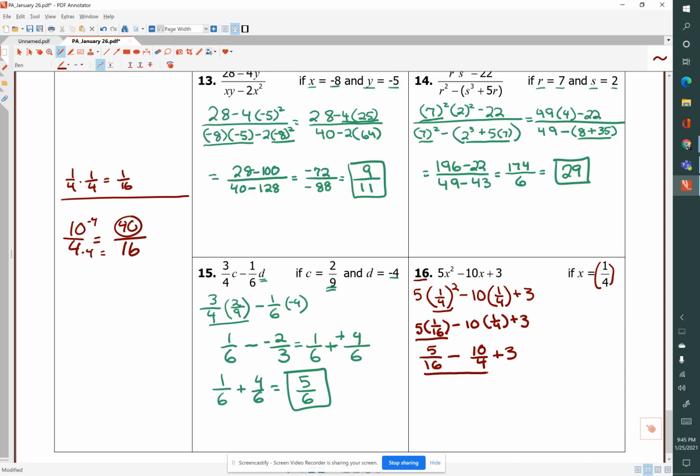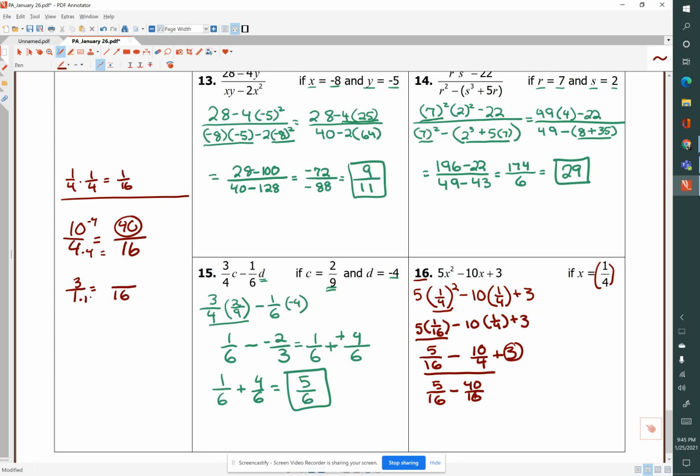So we're going to rewrite this as 5/16 minus 40/16. And I'm also going to convert the 3 to 16ths. 3 over 1 equals something over 16.